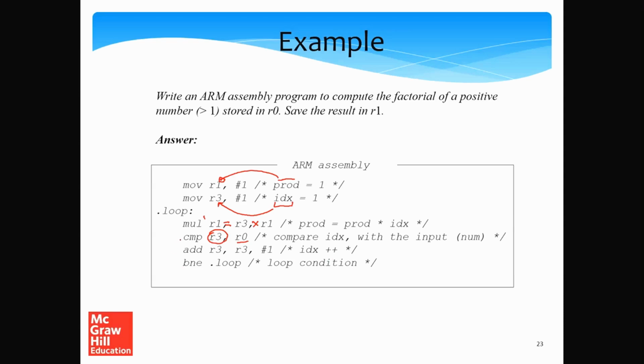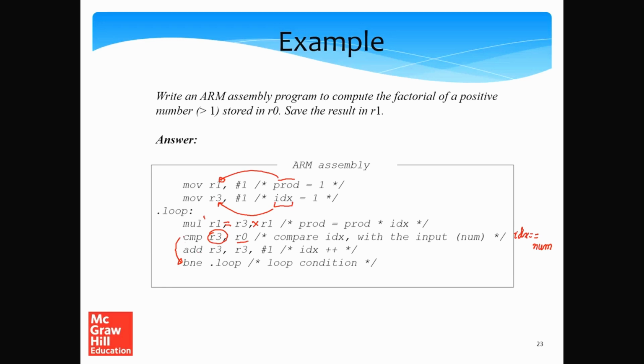So at this particular point, let's assume that we infer an equality and the index is equal to num. Since the index has already been multiplied into the product, we don't need to go for another iteration of the loop. So what we can do is compare if this particular comparison led to an equality or not, because mind you, the add instruction is not setting the flags.